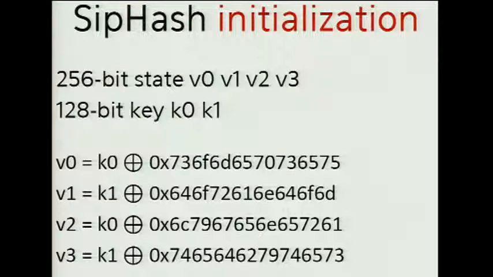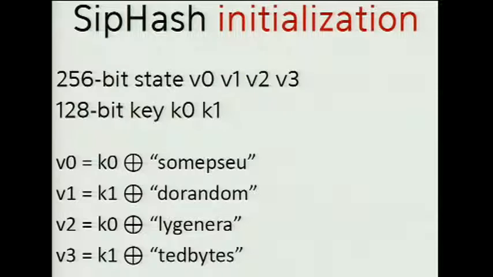We have a 128-bit key, k0, k1. And we start by initializing the state to k0 XOR this value, k1 XOR this value, k0 and k1. So does it look random? Well, it's not very random. It's some sort of randomly generated bytes.